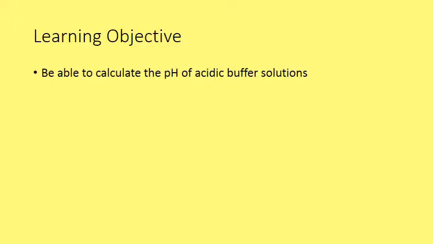As usual, let's check we've covered off our learning objective, which was of course to be able to calculate the pH of acidic buffer solutions. Method 1 was when we started off with just the weak acid and the salt, and we used the expression for Ka to find hydrogen ion concentration, and then from the hydrogen ion concentration we got a pH. Quite simple.